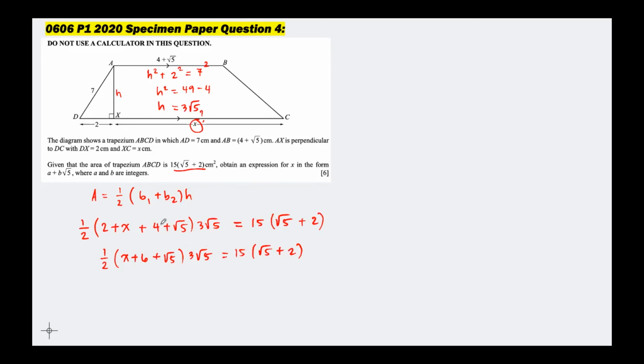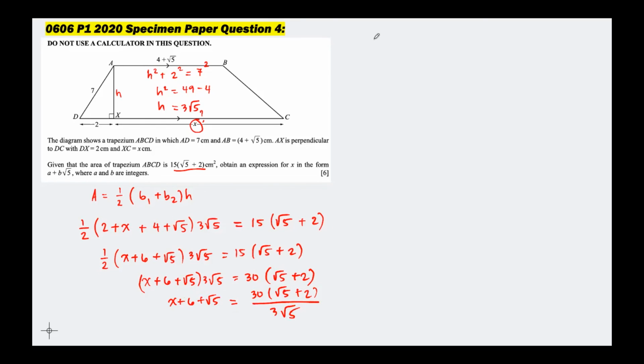We can transfer the 1/2, in the sense that this gives us x plus 6 plus square root of 5, and this is 3 square root of 5, and this gives us 30 times square root of 5 plus 2. So we're going to need to isolate x. The next thing we can remove is the 3 square root of 5. That means we need to divide the whole thing by 3 square root of 5.